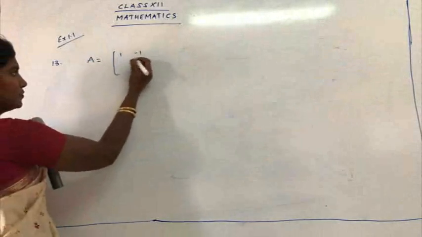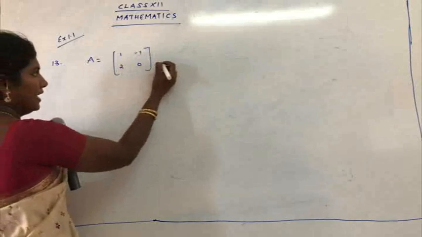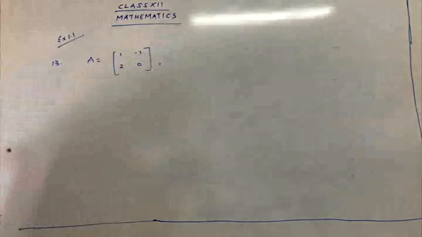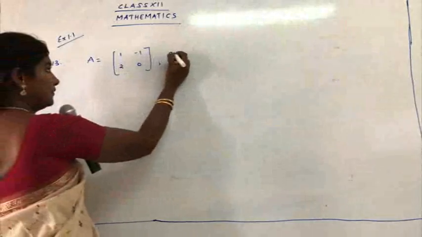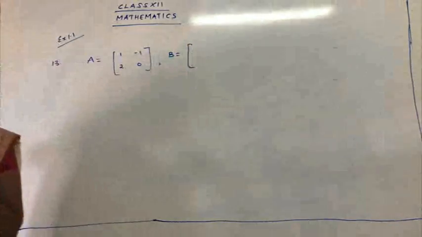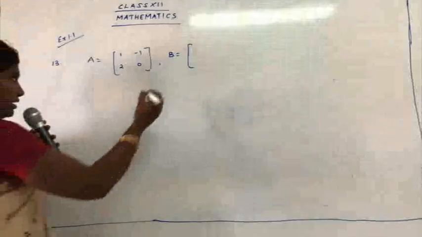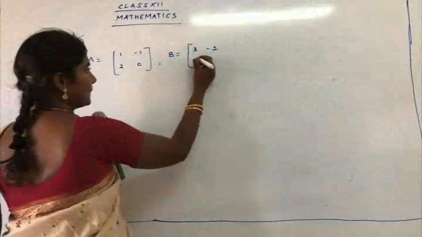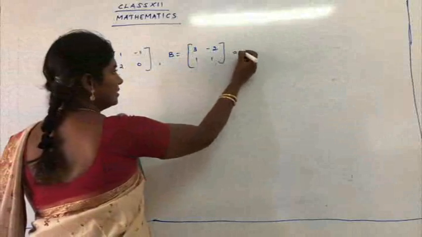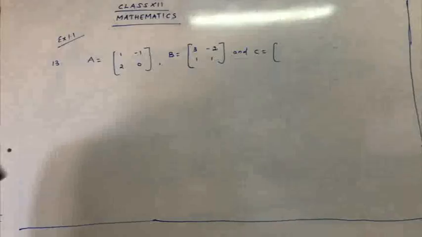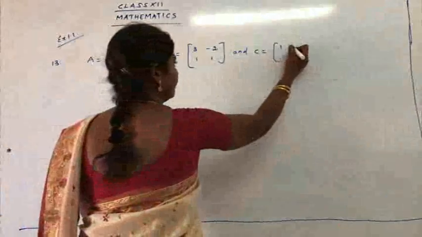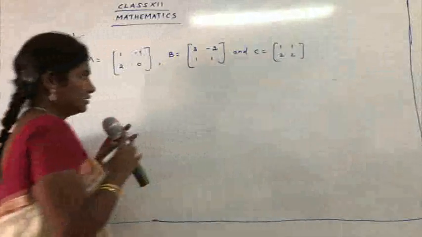And we know the value for B and C matrix also. So take down the value for B. B is 3 minus 2, 1, 1. And what is C? 1, 1, 2, 2. So this is what is given to us.